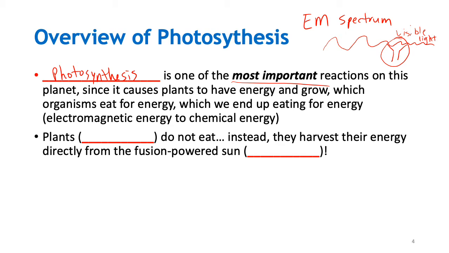Plants, which are called autotrophs, do not eat. Instead, they harvest their energy directly from the fusion-powered sun in the form of photons. You may recall that autotrophs are organisms that are able to form nutritional organic substances from simple inorganic substances such as carbon dioxide.